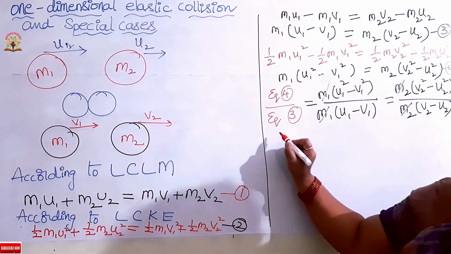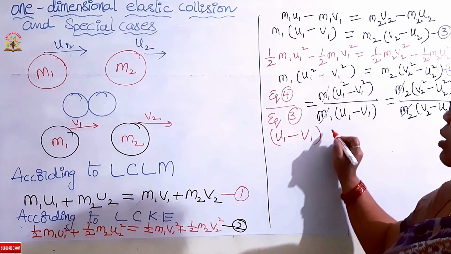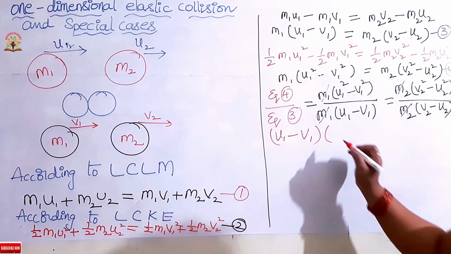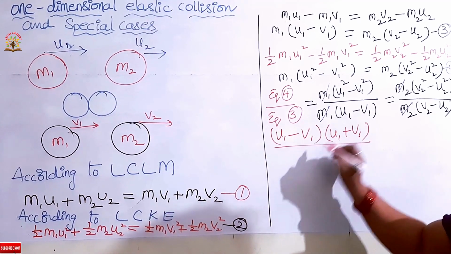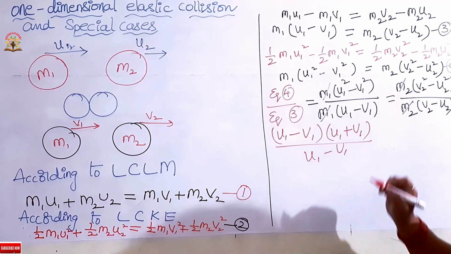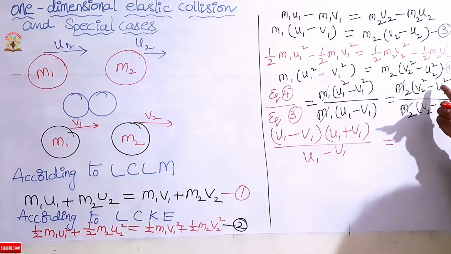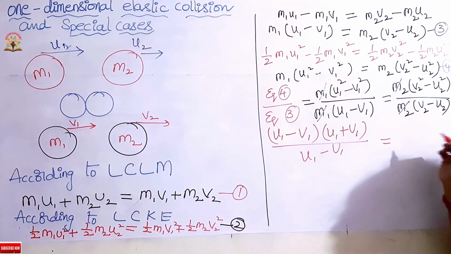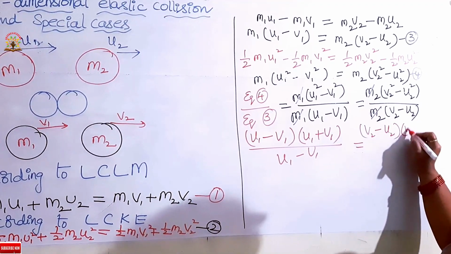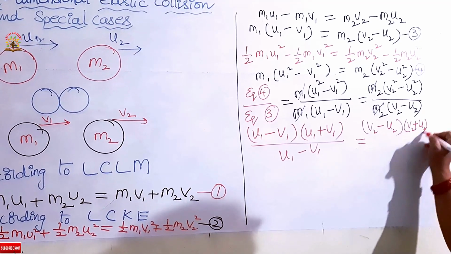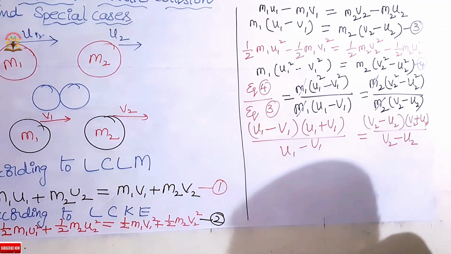What is the formula for a square minus b square? A square minus b square is a minus b into a plus b. So now we write u1 minus v1, a minus b, into a plus b as it is, u1 plus v1, by u1 minus v1. That is equal to, here also the same form, a square minus b square, v2 minus u2, a minus b, into a plus b as it is, v2 plus u2.